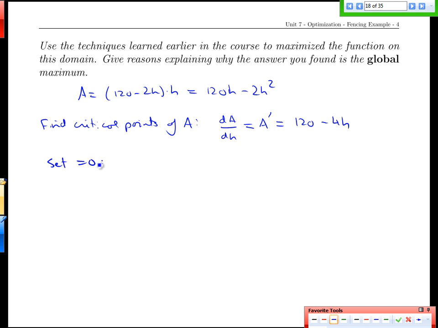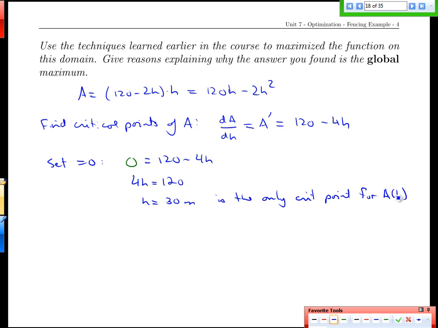Set that equal to 0. So 0 is equal to 120 minus 4H. 4H equals 120, and H equals 30 meters. Okay. So that is the only critical point for the function A.